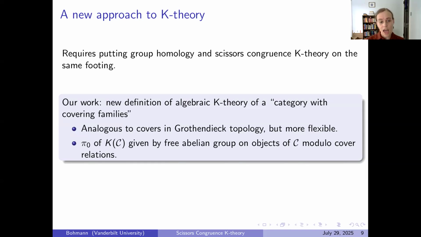What does our algebraic K-theory construction do? It takes our category with covering families and builds a spectrum in such a way that pi0 of that spectrum is the free abelian group on the objects of my category with covering families modulo the covering relations. The covering families tell me how some collection of objects covers another object.